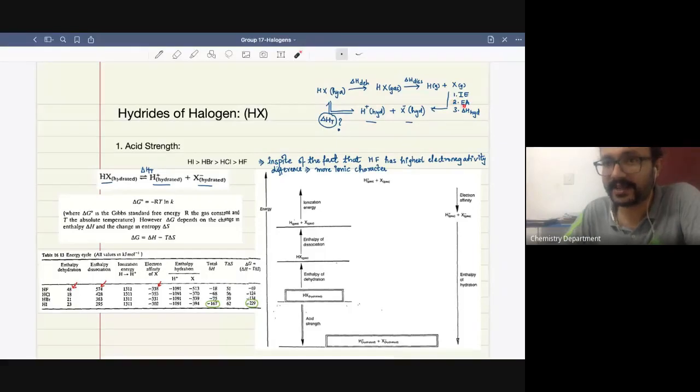Then another value is the hydration of these ions that are produced, that is H plus gas and X minus gas, when hydrated give this value.